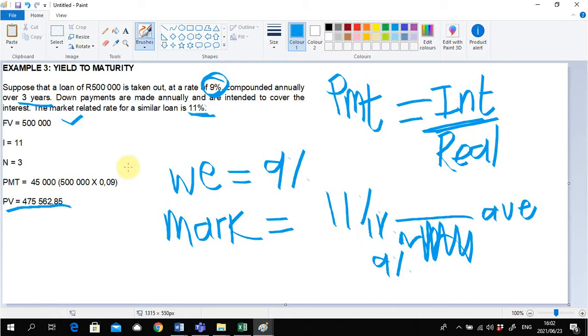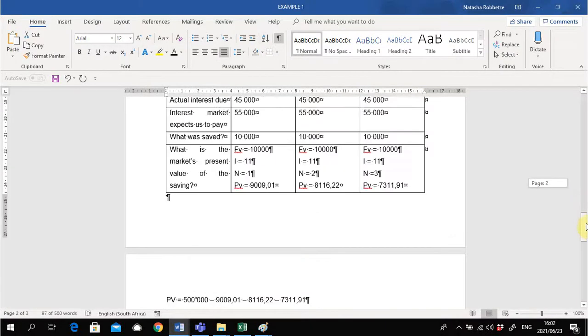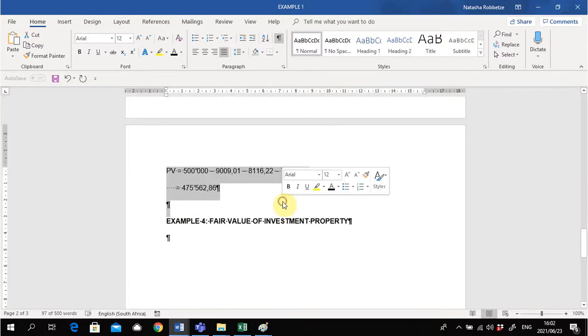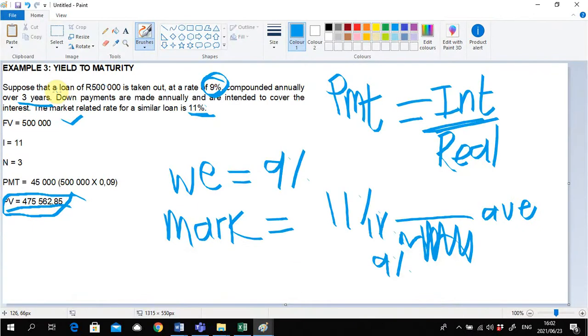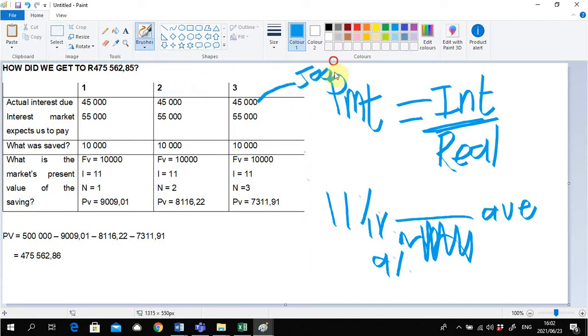So how did your financial calculator get to this amount? Well, I just need to copy it quickly from my example. I've also put a table out to explain how we got to that amount, right? So if we look at what's happening here, I look at my interest that is due. The interest that is due in this instance is the 500,000 that I need to pay in future times my 9%.